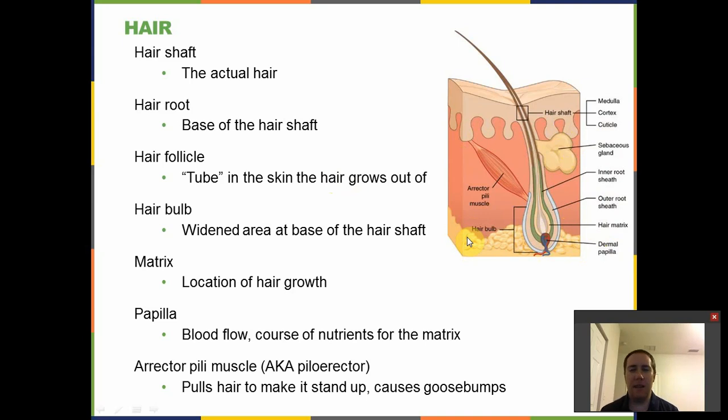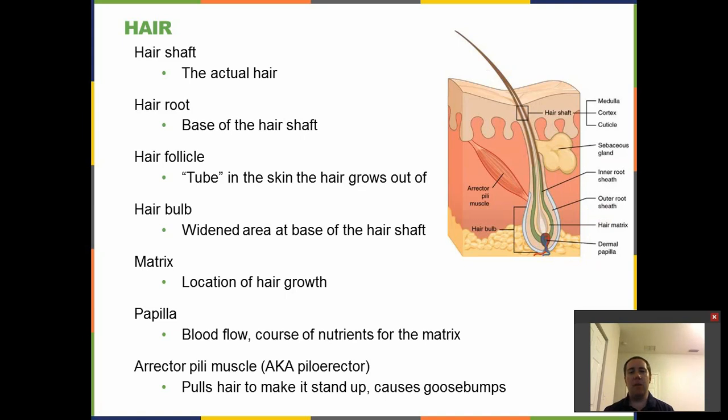You may see another diagram where it's completely up here in the dermis. That's not really important. I just need you to realize it is not in the epidermis. It will stick up through the epidermis, but down here where it's actually growing is down below the epidermis.